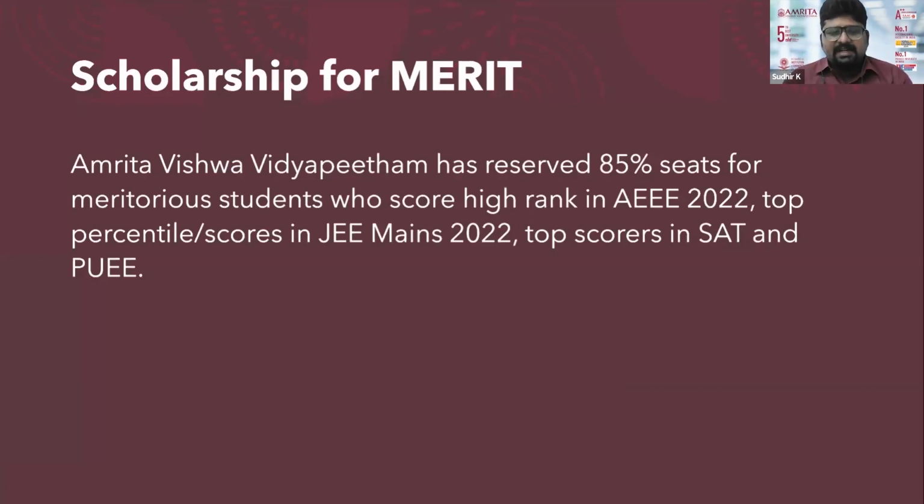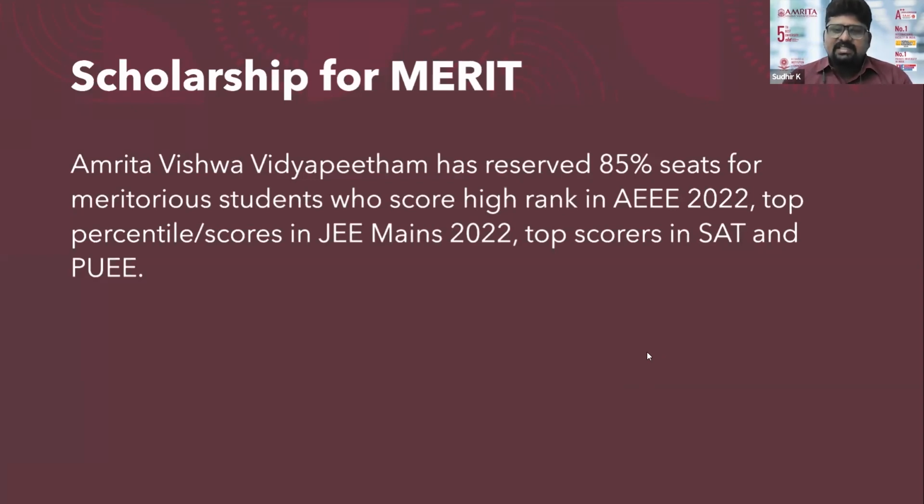Based on the merit rank you achieve only, you will be allotted the seats. All our seats are filled through merit ranks in AEEE, JEE, SAT, and PUE. So if you achieve good percentiles in these exams, it's easy to get your desired branch and desired seat.